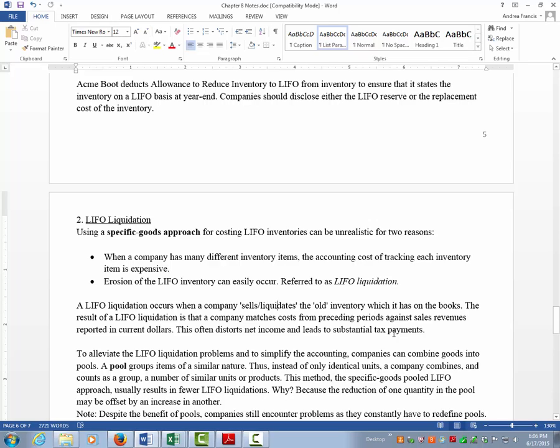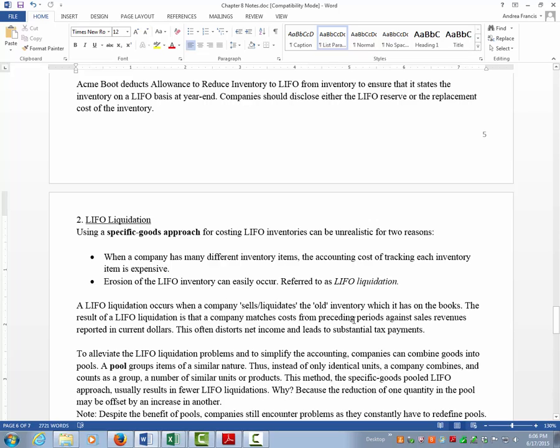So let's think this through again, right? A company using LIFO assumes that the oldest and the cheapest units are left over in ending inventory. If the company sells many units during the year and doesn't buy enough later units, it could result in a liquidation, right? So the older units are actually assumed to be sold.